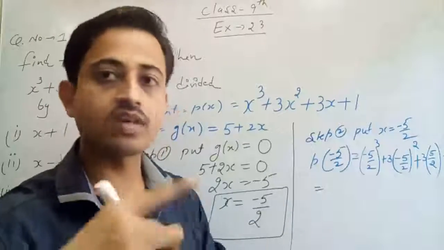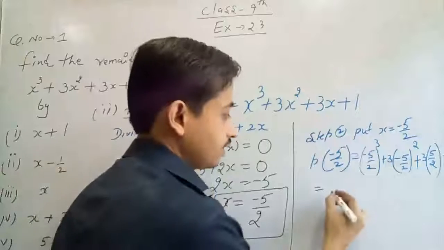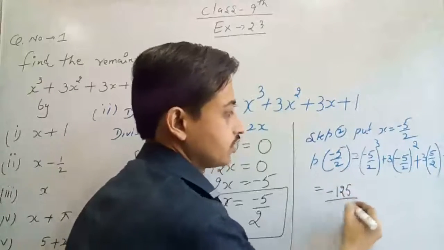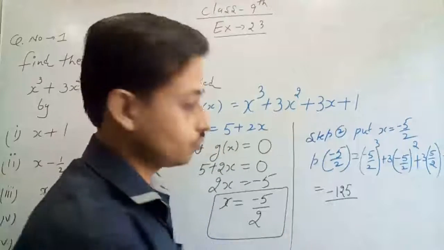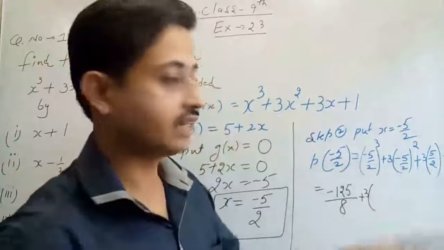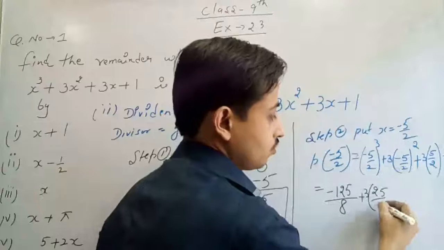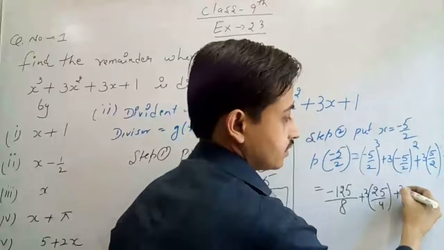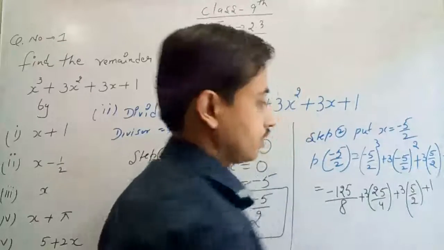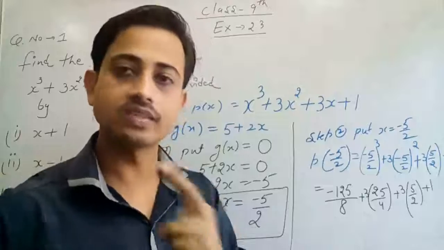Minus 5 into minus 5 into minus 5: three minuses, we get negative. 5 into 5 into 5 is 125, so minus 125, and 2 into 2 into 2 is 8, plus 3 into minus 5 into minus 5, 25, and 2 into 2, 4, plus 3, 5 divided by 2, plus 1. Now again, all the terms are rational, so make the remaining terms rational also.